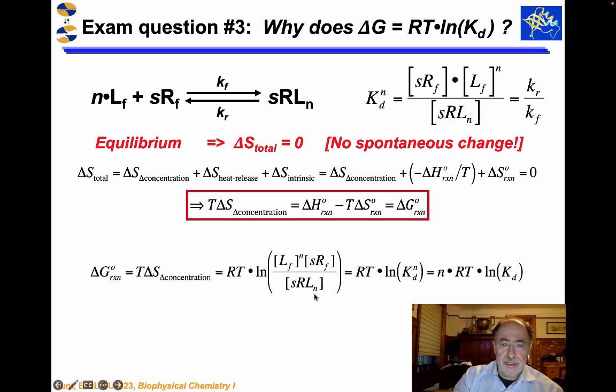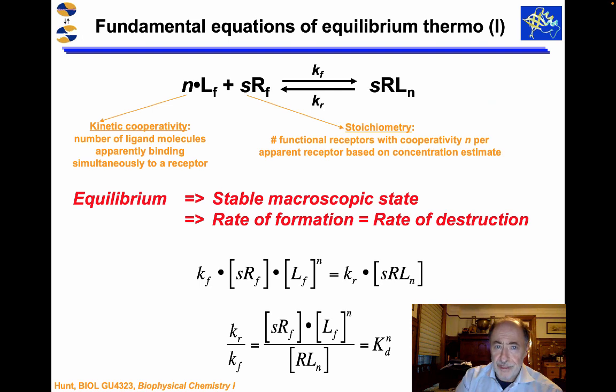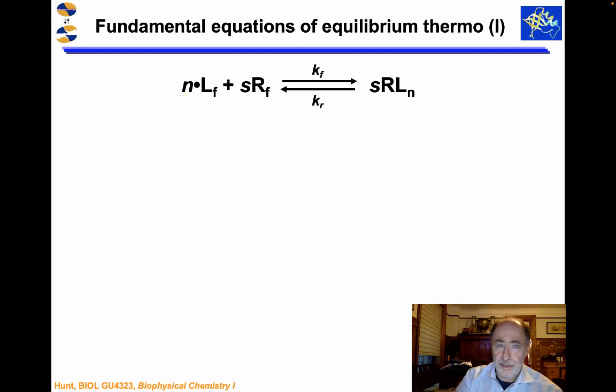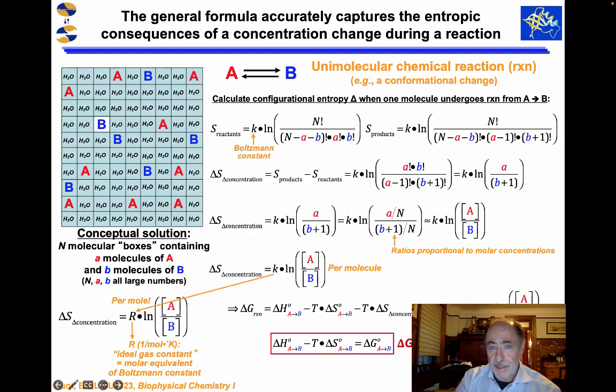In the previous slides, we didn't directly derive the entropy change in the course of this reaction, but note that for the simple A to B reaction, two slides back, we got that the entropy change is negative RT times the reactant over product concentrations.